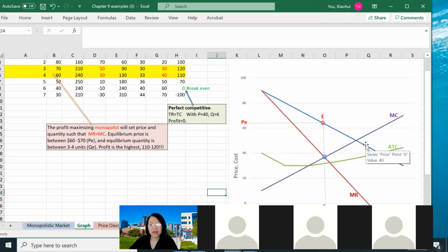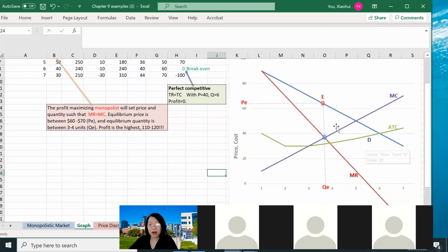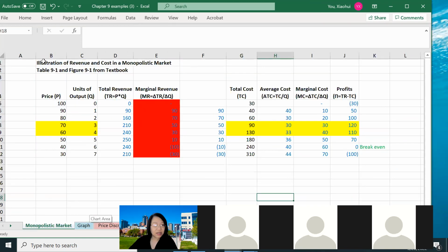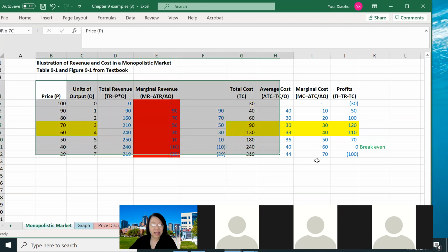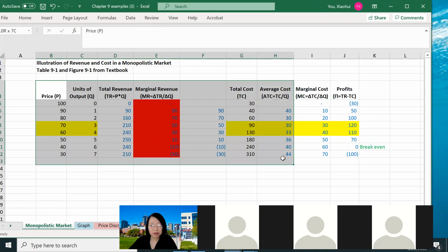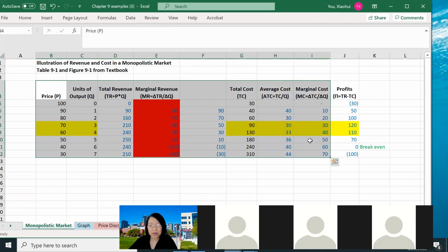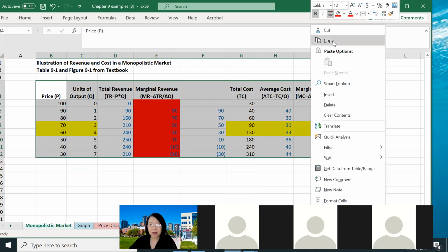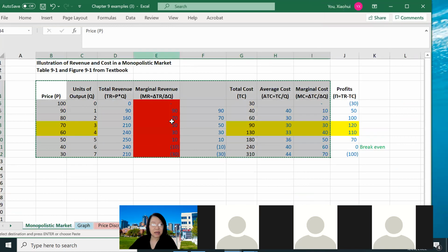But actually, all I need is price, quantity, MC, and MR. How about I just do it here? Normally, I just copy. See, I don't need that much. I maybe only need marginal cost. Okay, I just copy.